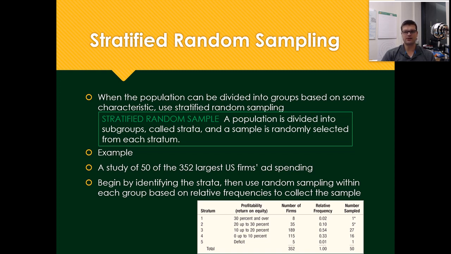So I would highly suggest that you don't ever take just 1 sample, that you always have 2. Another example of this we'll get into in just a minute, but that's stratified random sampling, breaking them up into essentially classes and then pulling representations from each one of those classes.